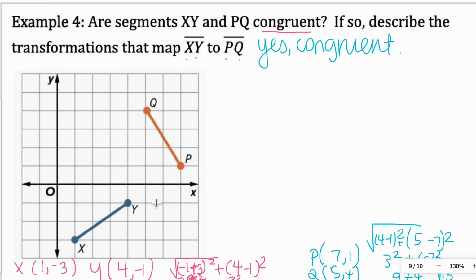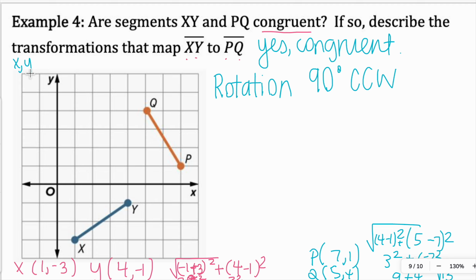Now I just have to figure out, how does XY map to PQ? What I'm thinking is, here I am in quadrant 4, and I want to be up in quadrant 1. So I'm thinking maybe a rotation first of 90 degrees counterclockwise. Remember the rotation of 90 degrees counterclockwise. I'm going to write the algebraic rule right here.